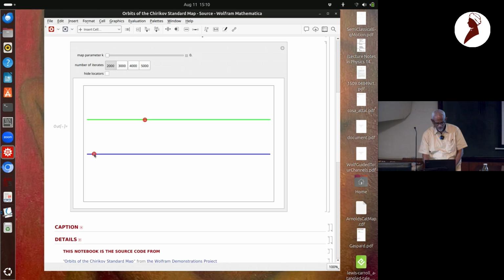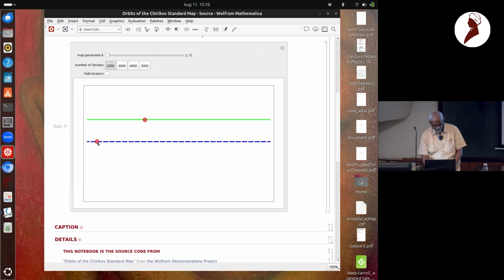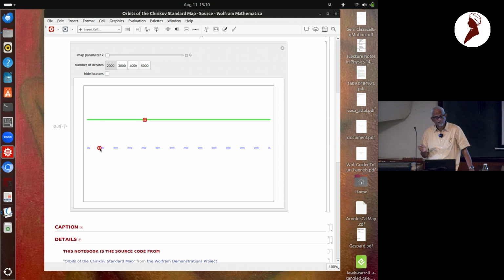So half would be the largest kind of rational number, because if I could put it exactly at that point, you would see only 2 points. Okay, I can't, but you're seeing that we're getting closer and closer to that. So you have these irrational tori and rational tori.